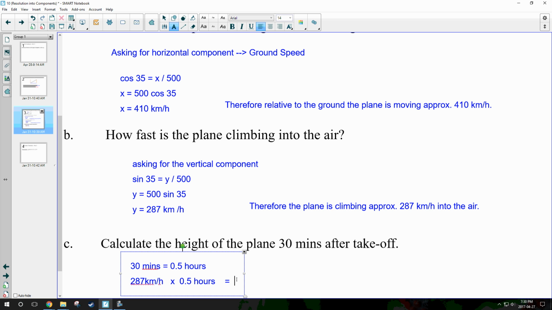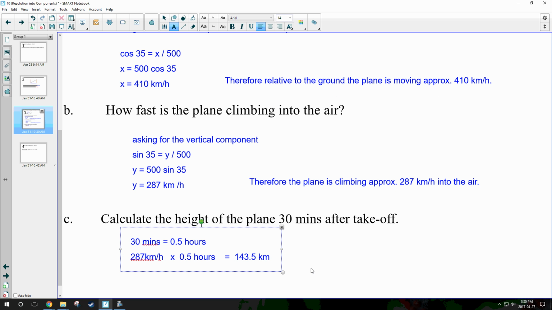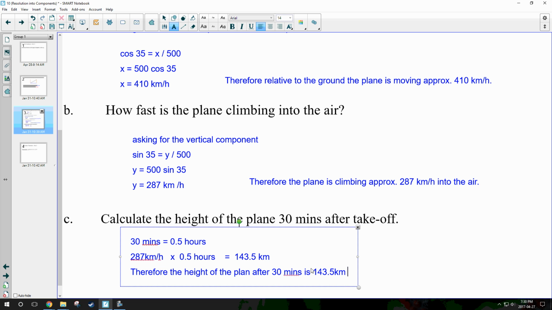So we multiply 287 by 0.5, we get 143.5 kilometers. So that means, therefore, the height of the plane after 30 minutes is 143.5 kilometers.